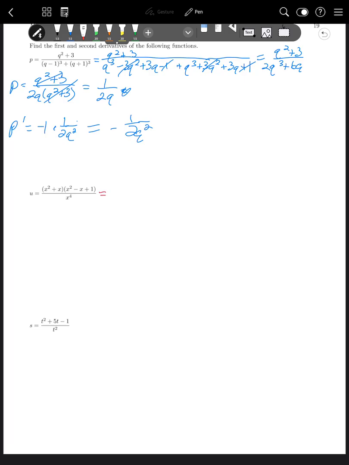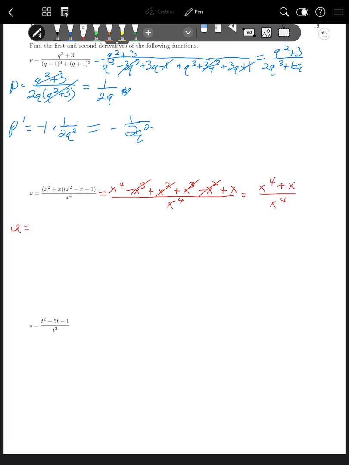So in this case, let's just write all the terms out: x to the fourth minus x cubed plus x squared plus x cubed minus x squared plus x, all over x to the fourth. So now negative x cubed and positive x cubed cancel, x squared and negative x squared cancel. So this is x to the fourth plus x over x to the fourth.